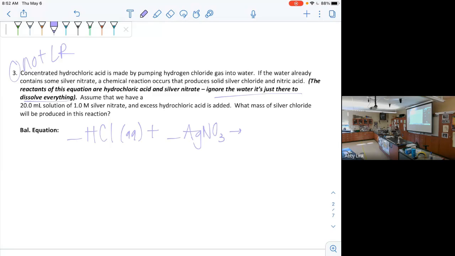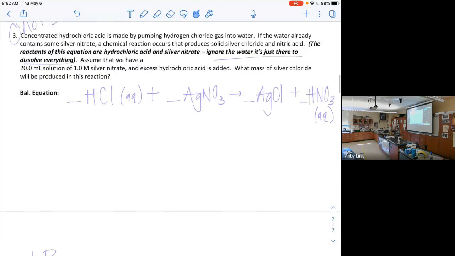So then your products are silver chloride and nitric acid, which is HNO3. All right, so you have your reaction there. It's a little strange. So just be careful with that one.